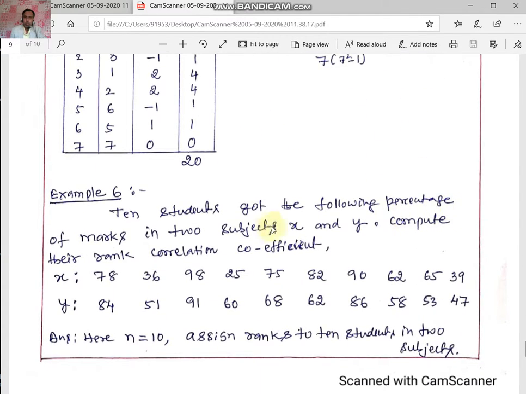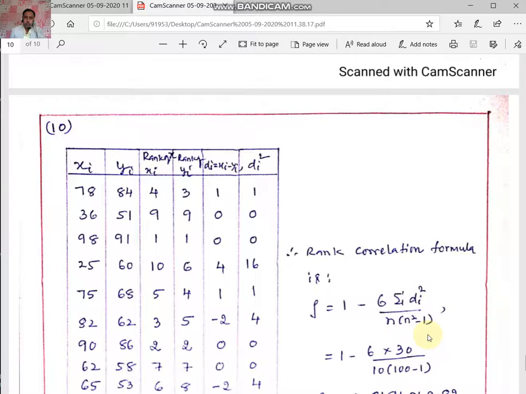In the next example, 10 students got the following percentage of marks in two subjects X and Y. Compute their rank correlation coefficient. So marks have been given here in two subjects X and Y, and n is equal to 10. Assign ranks to 10 students in two subjects.